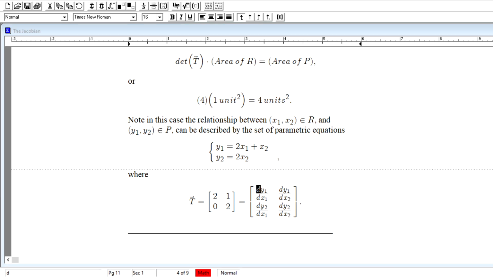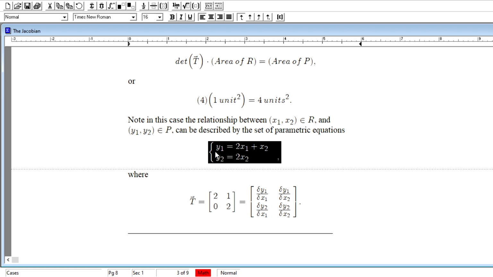Where if we take the partial of y1 with respect to x1, that will play the role of 2 here. The partial of y1 with respect to x2 is what gives us the 1. The partial of y2 with respect to x1 is what gives us the 0. And the partial of y2 with respect to x2 is what gives us this value of 2 here in our transformation matrix.